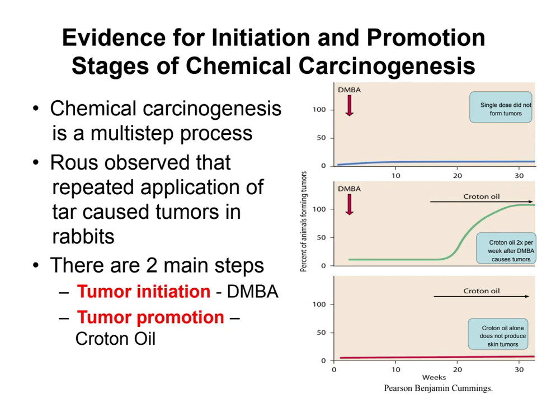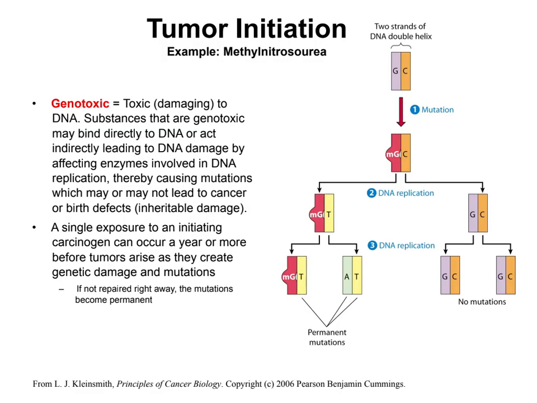We have something that causes long-term inflammation at a certain site, and this is allowing for a promoting event, allowing for that tumor to actually grow. When we talk about tumor initiation, we are typically talking about exposure to some sort of carcinogen, oftentimes genotoxic.